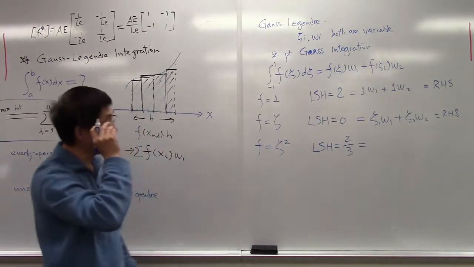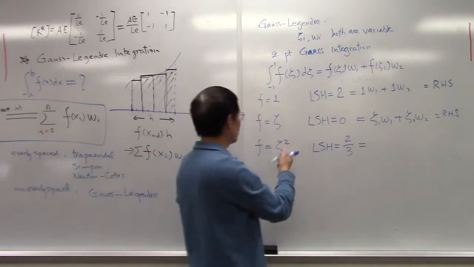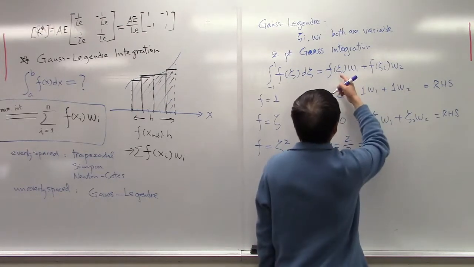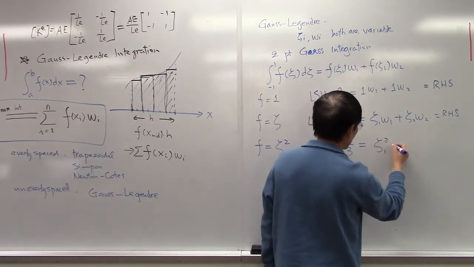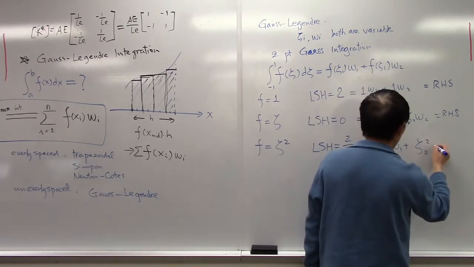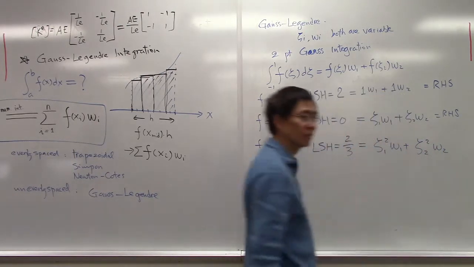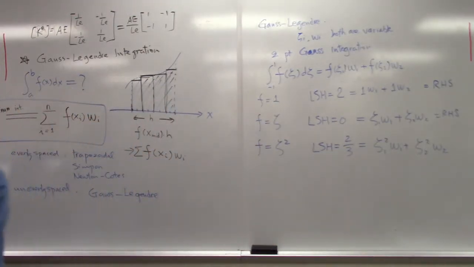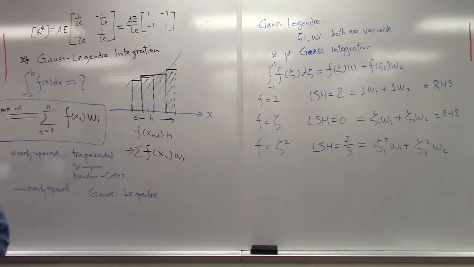The right-hand side is the integrand, which is theta square. First is at position theta 1, so times weight 1, plus theta 2 square, weight 2. Right? Alright.